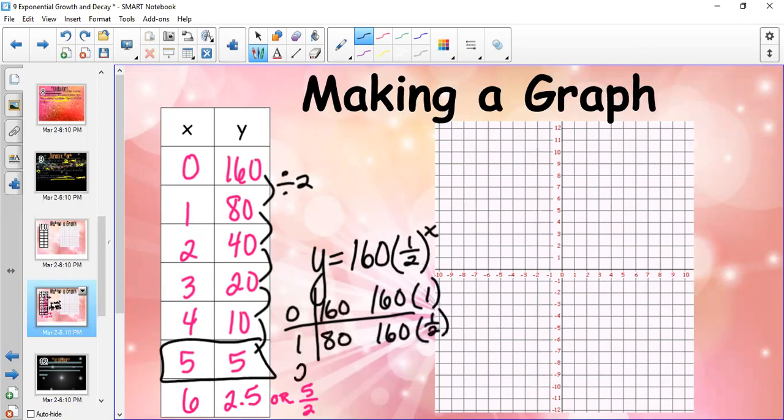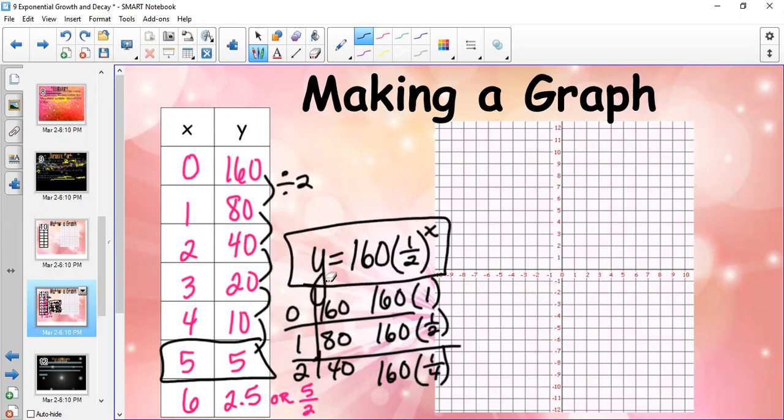If I was doing 2, I would do 160 times 1/2 to the second power, which would be 1/4, because I would square both the 1 and the 2. And so 1/4 of 160 would have been 40. And that's how I get that table to match my equation. So again, that equation is definitely tougher to come up with.